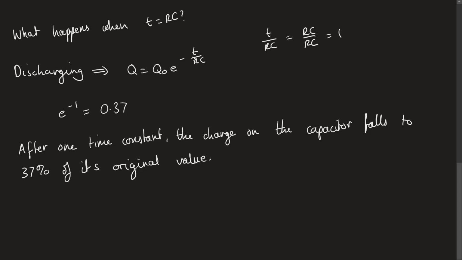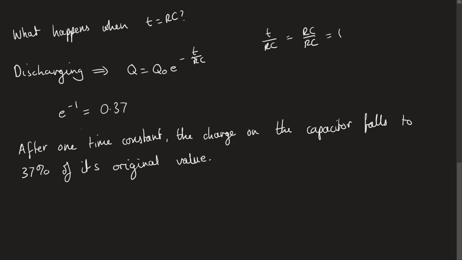This means that every time a time constant passes, we fall to 37% of the new value. This is why it's exponential, because every time we consistently take 37% of the new value. It's not like it decreases by 37% each time. It decreases to 37% of what it was at the last time constant. And this is why it's an exponential decay.